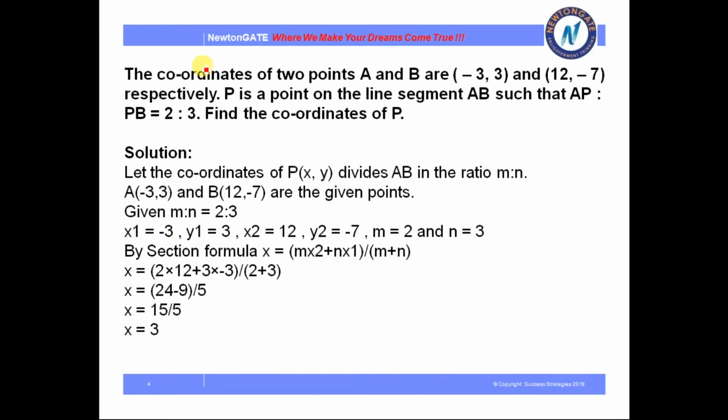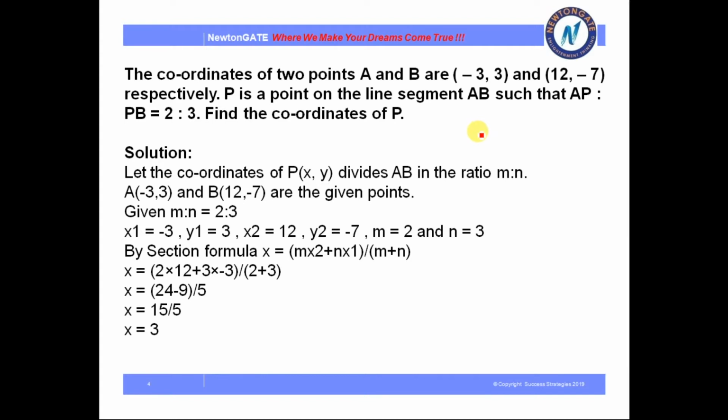So, what does the question say? The question says the coordinates of 2 points A and B are (-3, 3) and (12, -7). P is a point on the line segment AB such that AP is to PB is 2 is to 3.